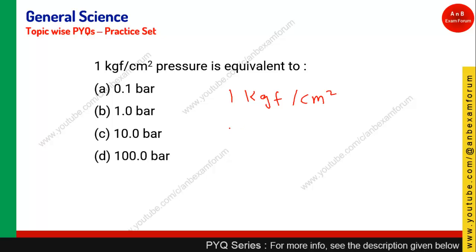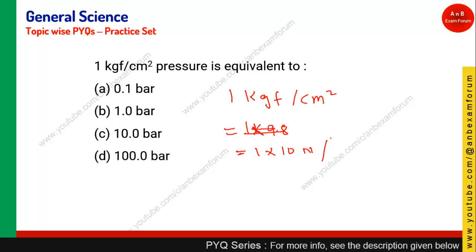So let's convert into SI unit. So 1 kg force means, in order to convert kgf to Newton force, it will become 1 into 9.8. Okay, for simplicity we will take 10. Okay, so 1 into 10 Newton.